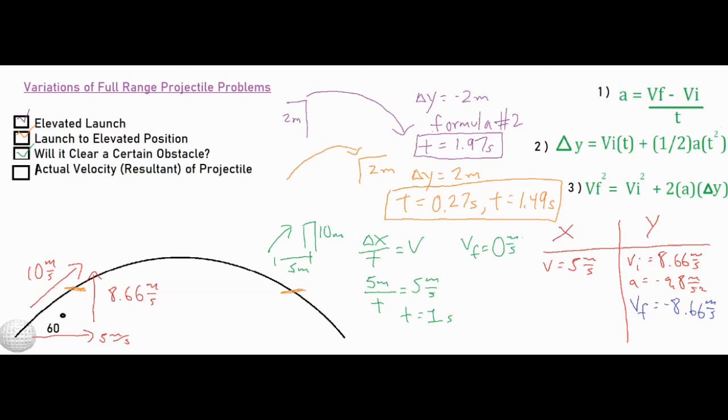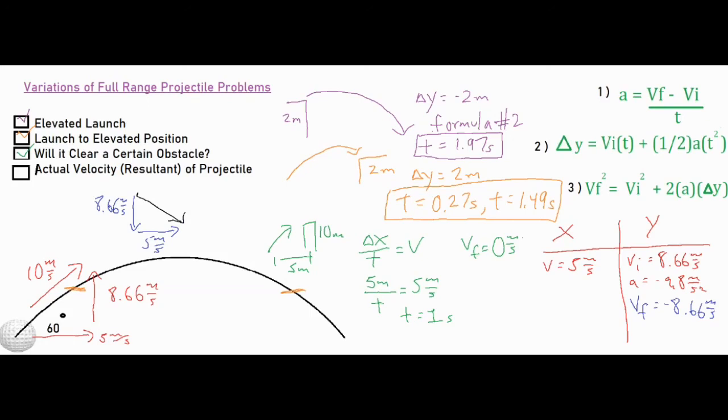So what you would do in any case, you would take the vertical component and the horizontal component, and then you would find the resultant vector of each of those two.